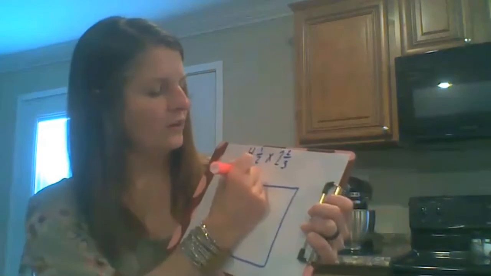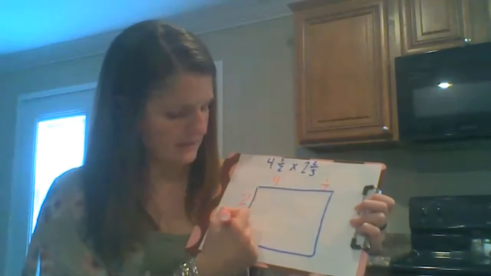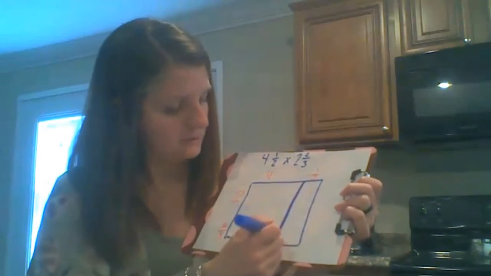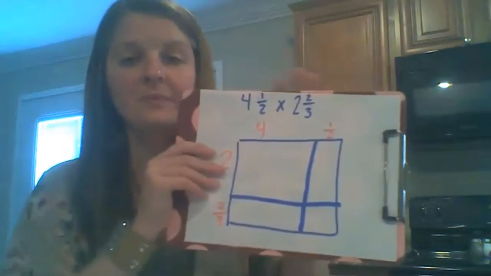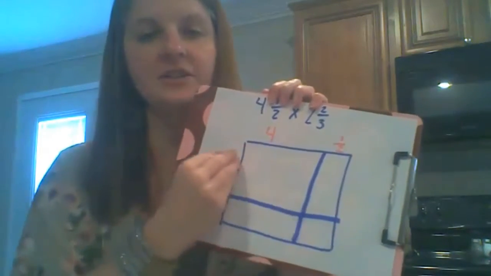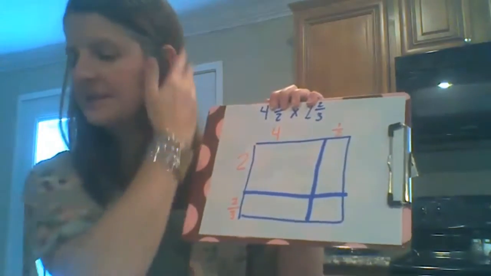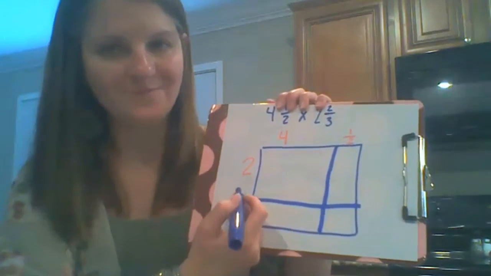So I've got 4 1/2, 2 2/3. All right. So we're going to multiply each of these sections to find out what the product is. So let's start with 4 times 2. That's 8.